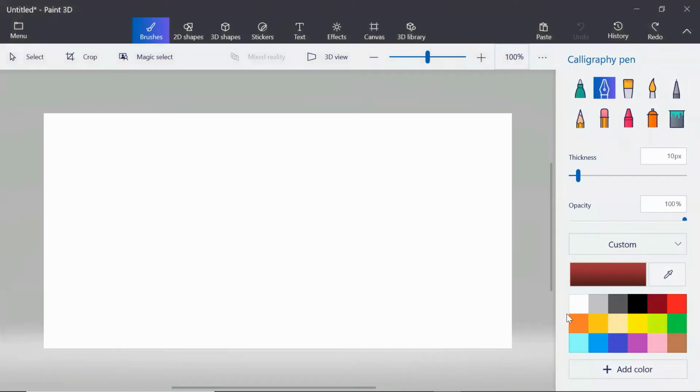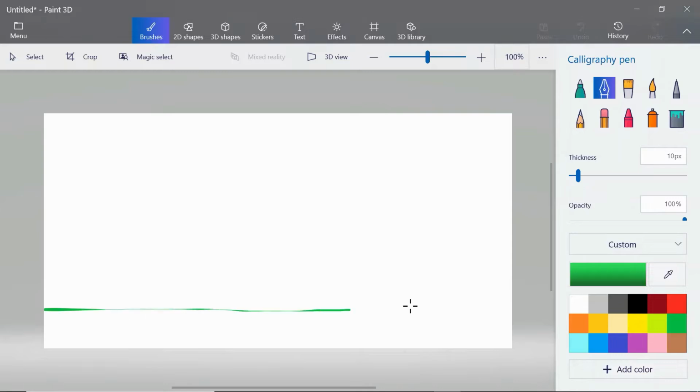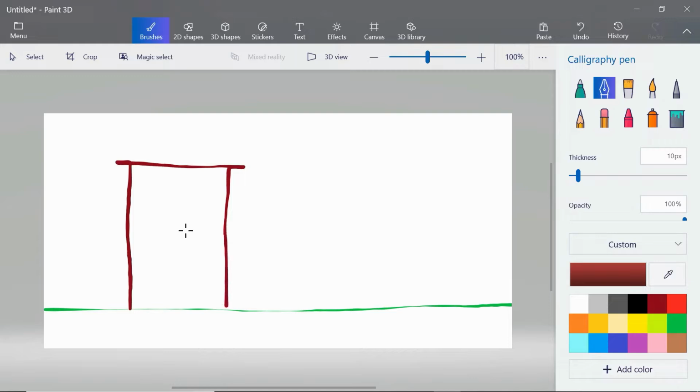Let's go ahead and draw a sketch. I'm going to draw green for the ground here. And then we'll draw a little barn. And then we have our ladder.